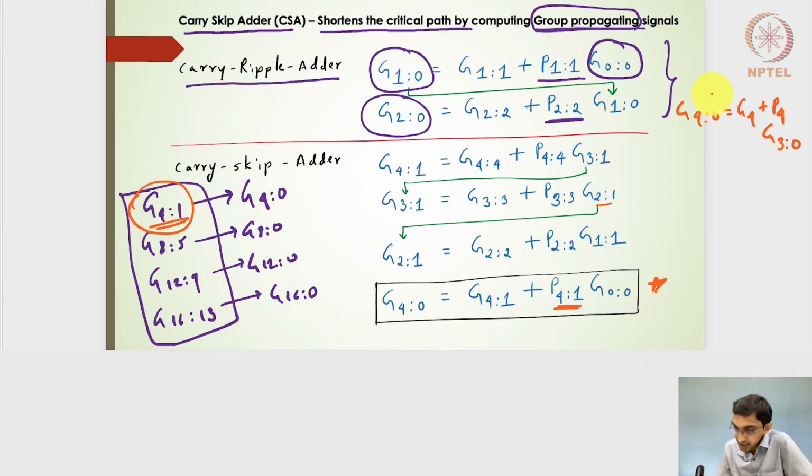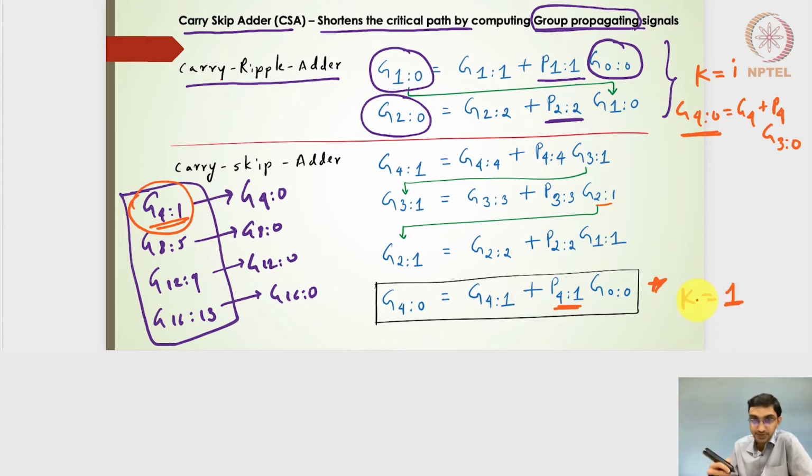So in the carry ripple addition, we have taken K equal to I for the 4th bit, 8th bit, 12th bit, and then the 16-bit group generate signals. Here for 4 is to 0, or the 8 is to 0, or the 12 is to 0, or the 16 is to 0, we have taken a K value. In this case, the K value is nothing but 1.